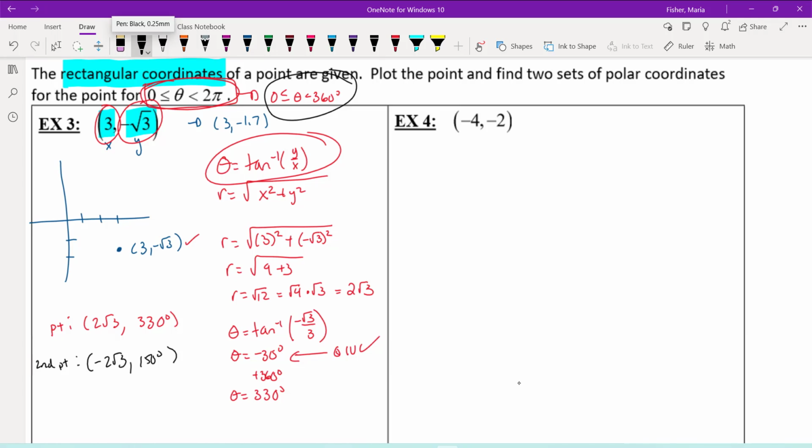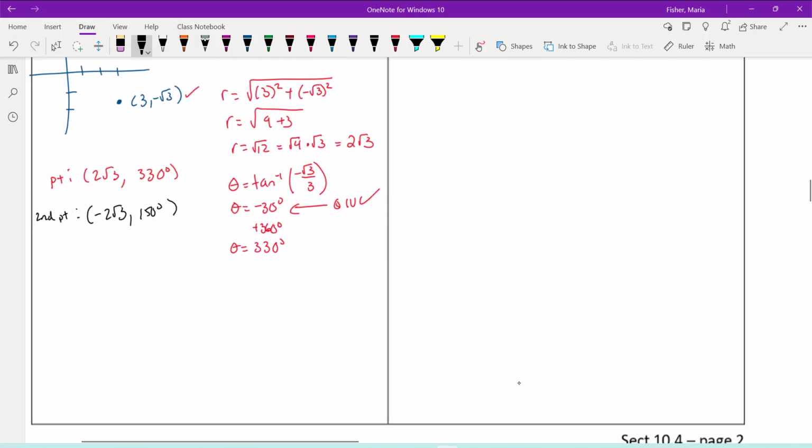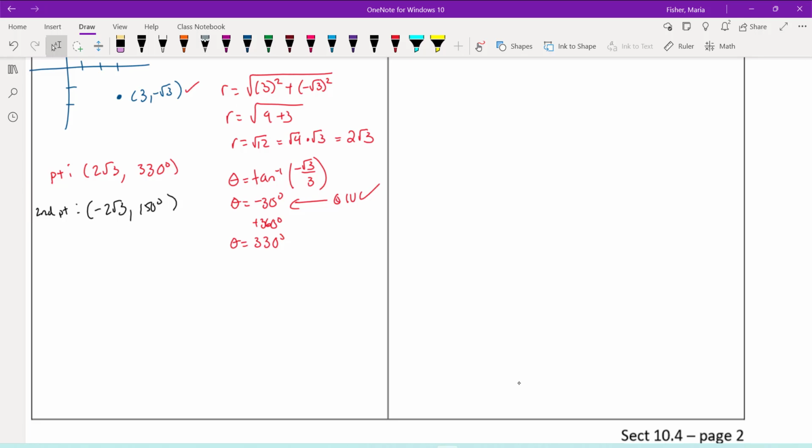But my answer must be in radians, so now I need to convert this to radians. Now remember, to convert your points from degrees to radians, you take your angle and you multiply it by pi over 180 degrees. Now since 330 degrees and 150 degrees are exact values, we're just going to divide them by 180 degrees and keep the pi in the answer.